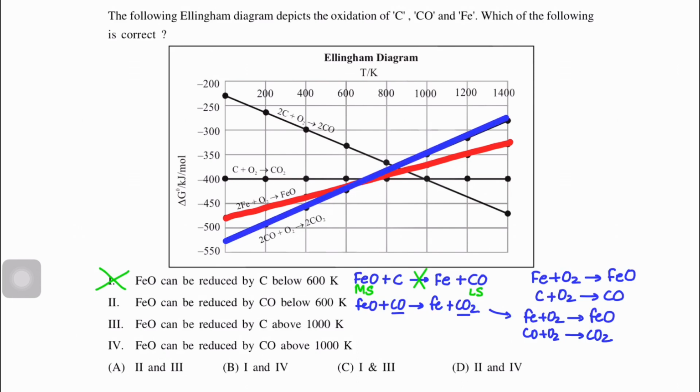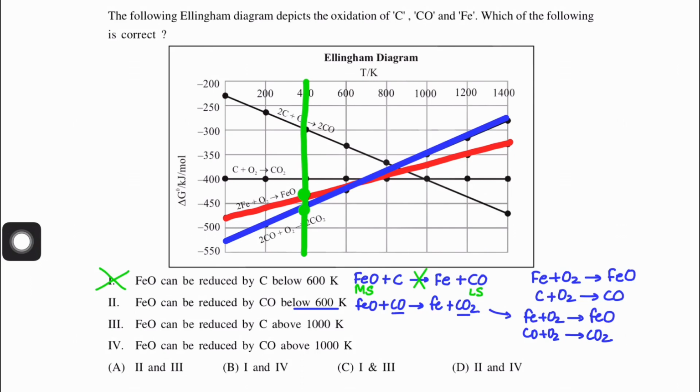Now the temperature is below 600 Kelvin. So 600 Kelvin is this temperature. Below this temperature, say 400 Kelvin, we have 2 points here. Which curve is lying below? The carbon monoxide to CO2 curve is lying below, and the iron to iron oxide curve is lying above.